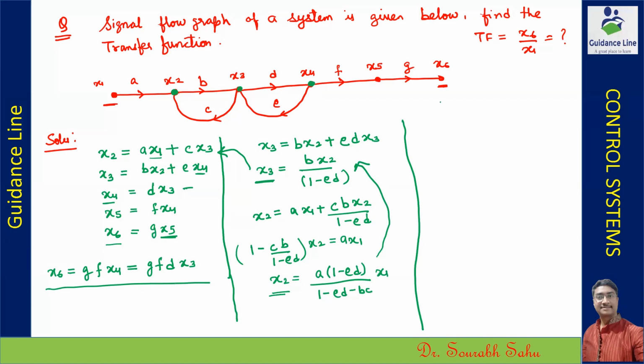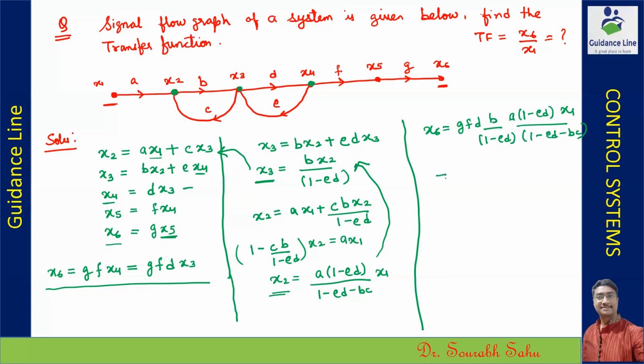So now you can see I simply write x6 as g f d times x3. x3 is nothing but b over 1 minus ed times x2, and x2 is nothing but a times 1 minus ed times x1 divided by 1 minus ed minus bc.